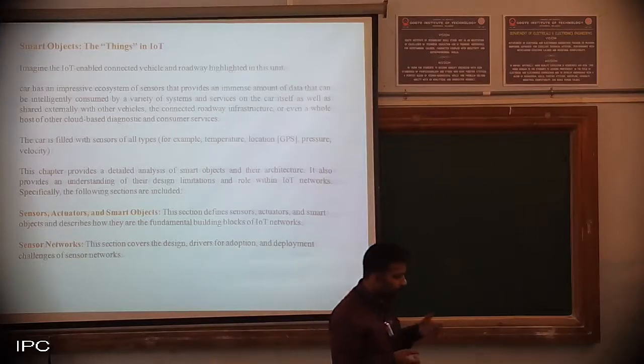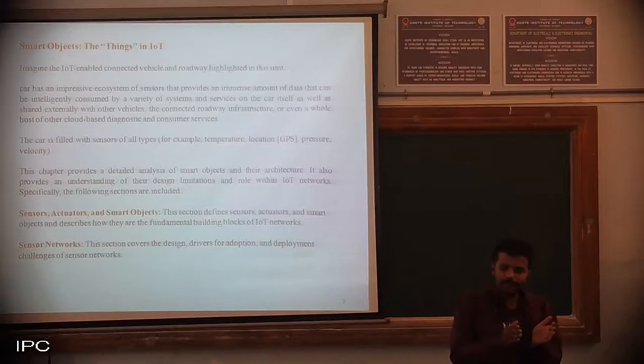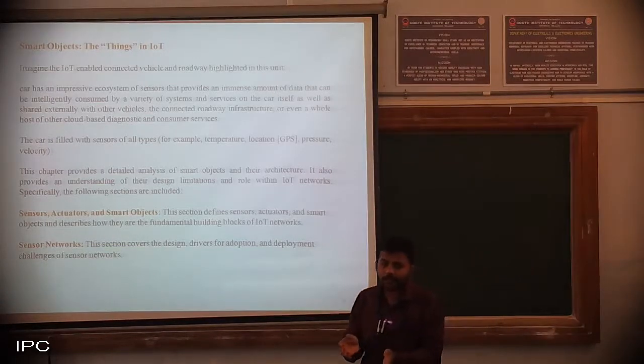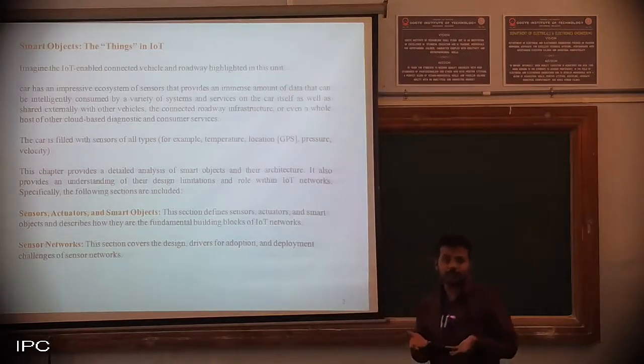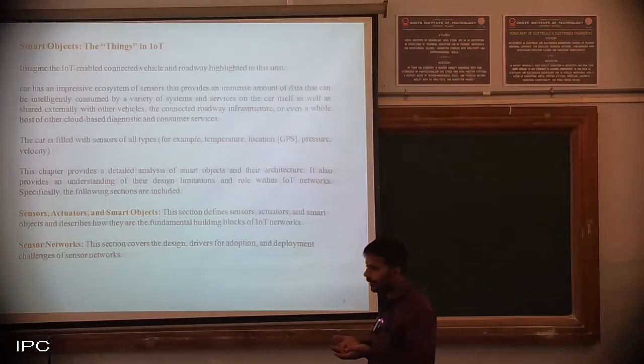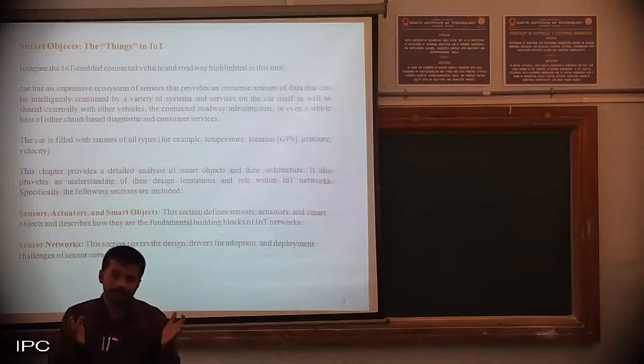The speedometer will be connected, that is one sensor, and then regarding the traffic, and the wind speed outside, that also can be sensed, and regarding the fuel tank, how much fuel is there inside.